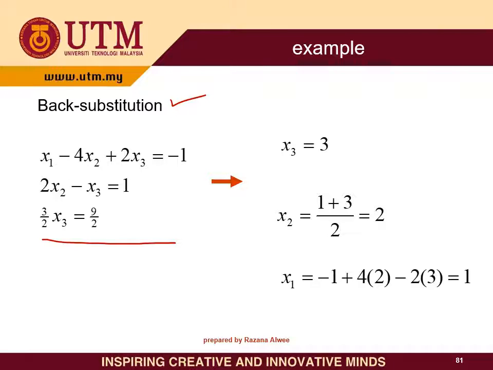For x3, these portions go here, so we get x3 is 3. How do we find x2? This one goes here, divide by 2.